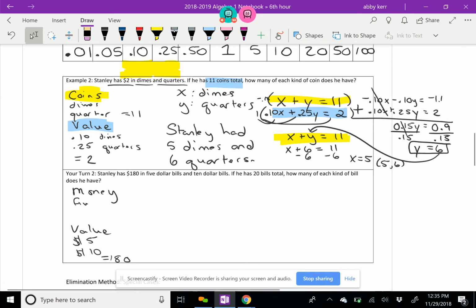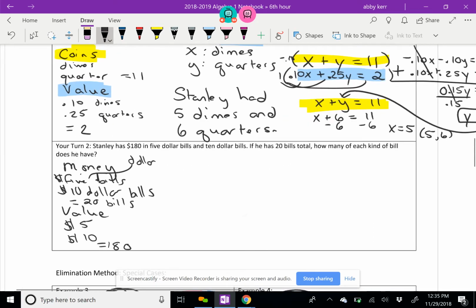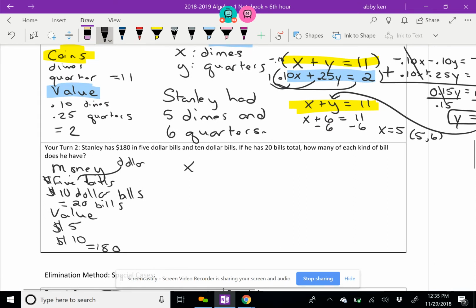So he has $5 bills, and then he had $10 bills, and he had 20 bills total. So we don't know how many $5 bills he has, and we don't know how many $10 bills he has.